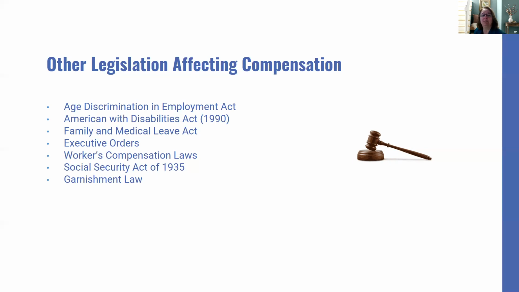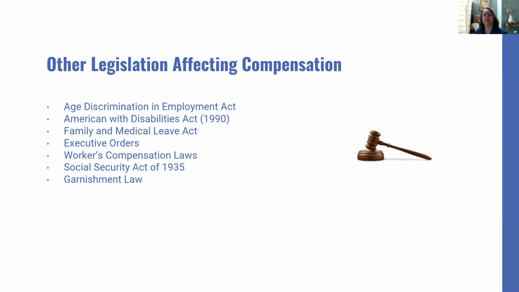The Family and Medical Leave Act aims to entitle eligible employees, both men and women, to take up to 12 weeks of unpaid job protected leave for the birth of a child or for the care of a child, spouse, or parent. And there are other executive orders that require employers that are federal government contractors or subcontractors to not discriminate in certain employment areas, including compensation.